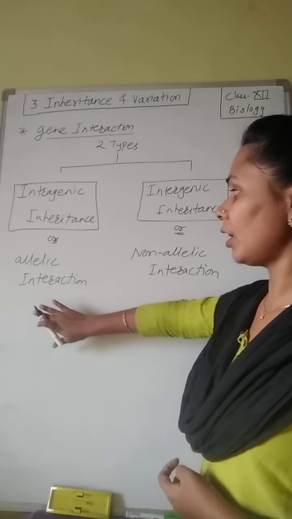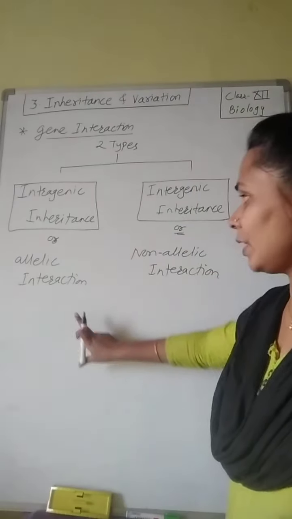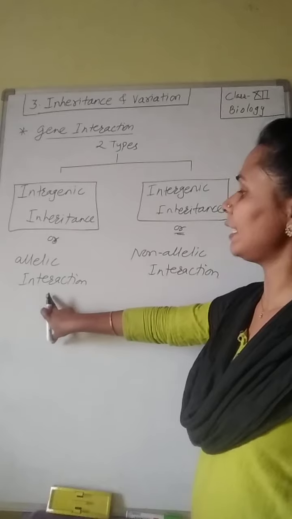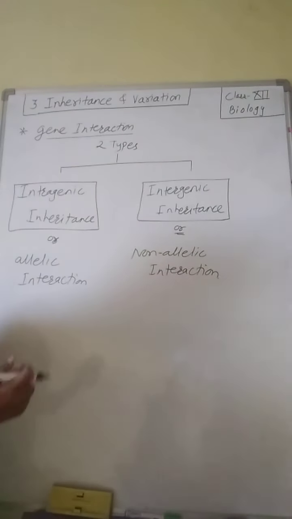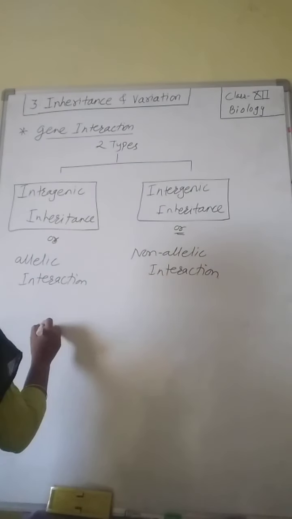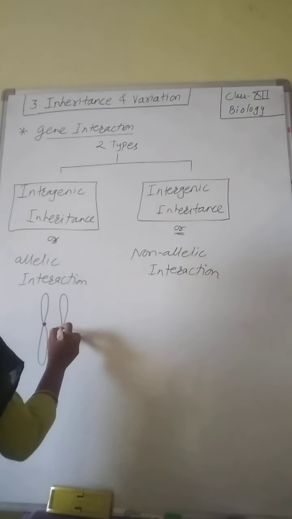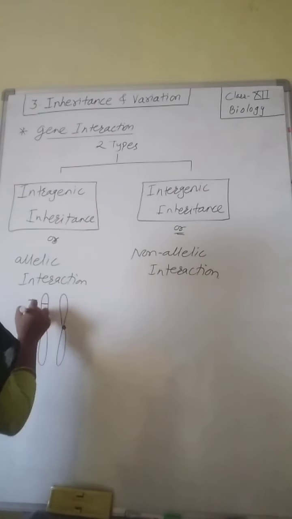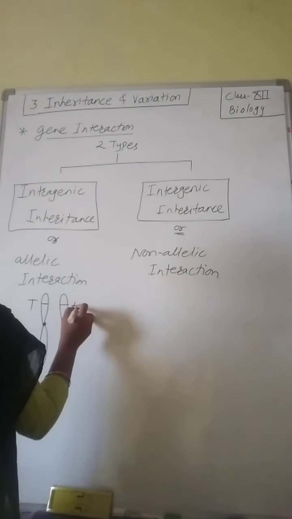In intragenic or allelic inheritance, we know that each gene has two alleles, so whatever interaction or connection there is happens between those two alleles. Suppose this is one chromosome having two alleles: one gene is capital T and the other is small t.